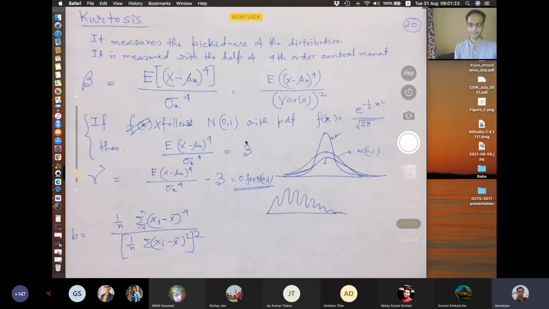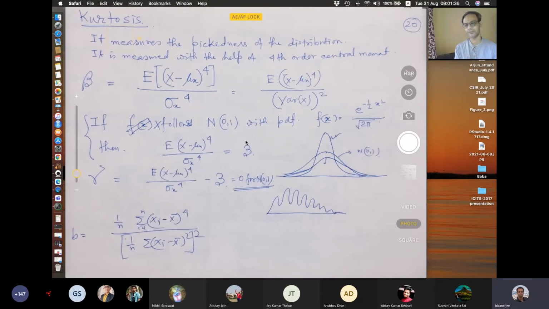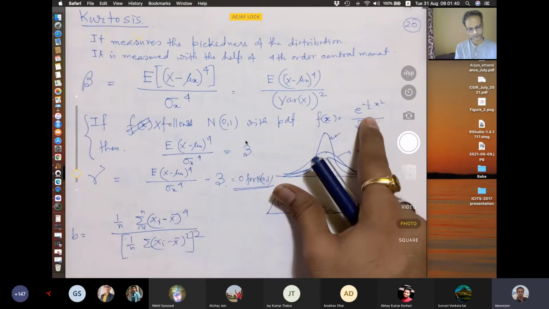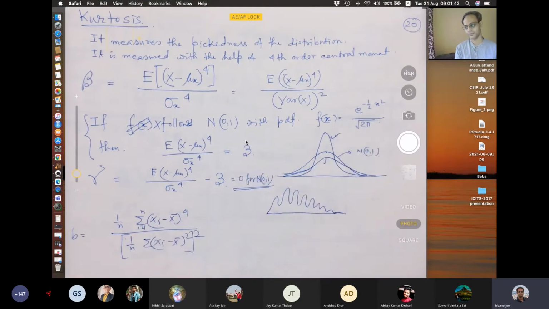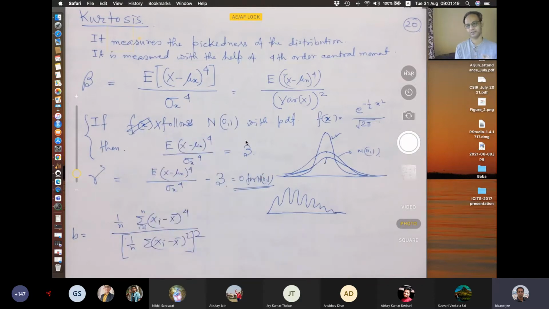You just check in Wikipedia which one is called mesokurtic and which one is called platykurtic. It doesn't matter. Only you need to know the numerical value. So, if x follows normal 0, 1, then its kurtosis is 3. This measurement is 3. So often people subtract 3 and compare it with the standard normal. Is it okay? Yes, sir.